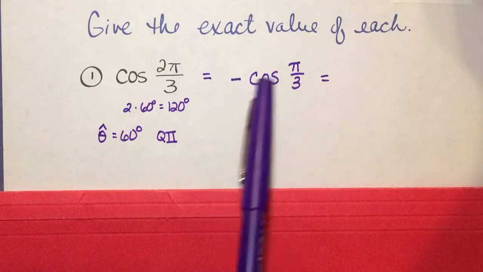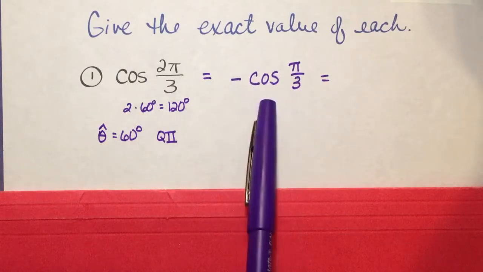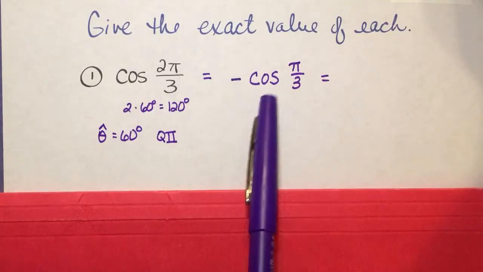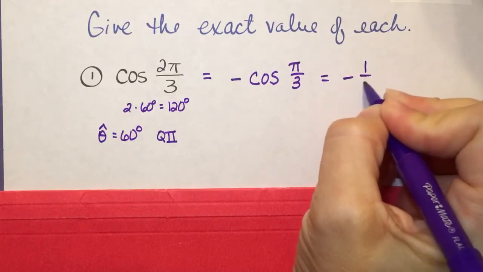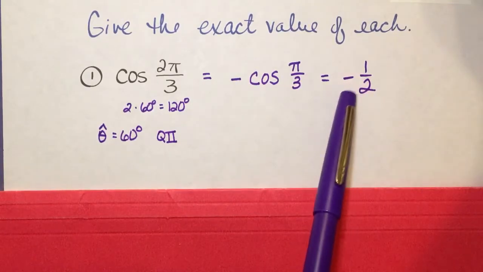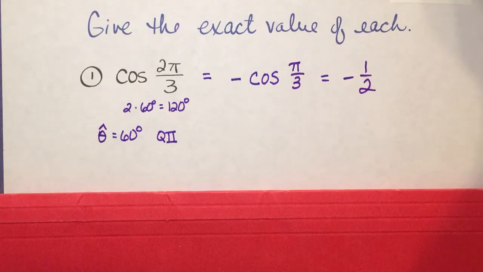So we have rewritten our given problem using our reference angle. Now this is where your table of values is going to come back in. And off of your table, you need to recall what cosine of 60 degrees is. Cosine of 60 degrees is 1/2, but you would transfer over your negative. Therefore, your exact value is going to be negative 1/2.